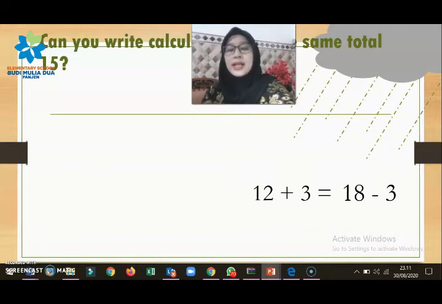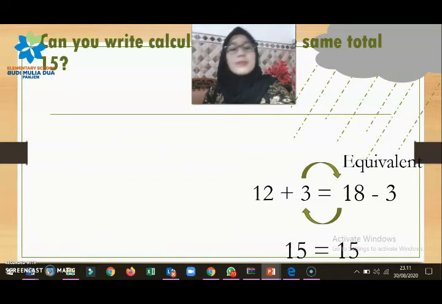Bisa juga kalian cari bentuk pengurangannya yang hasilnya sama. Bisa penjumlahan dan pengurangan ternyata. Ketika hasil mereka sama, mereka juga dikatakan equivalent. Okay, because they have the same total, the same amount, yeah, 15 and 15.